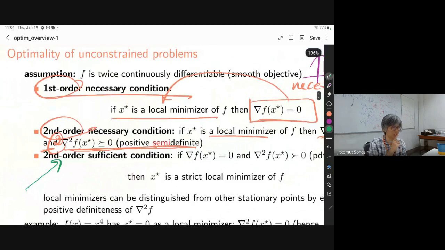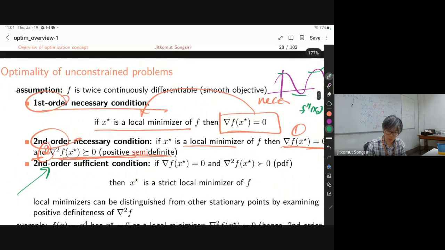I'm going to state the sufficient condition. Now, take a look. The zero gradient and the positive definiteness of your Hessian matrix are sufficient conditions for concluding that x star is a strict local minimizer of f.